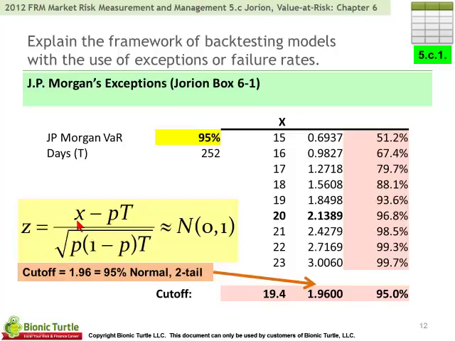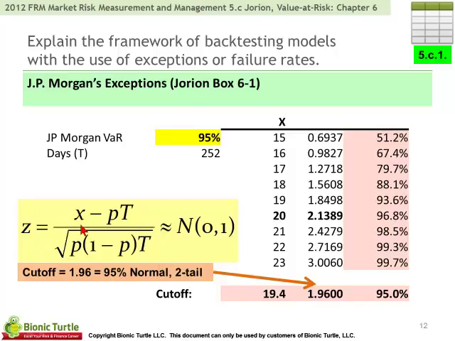We've got the observation x minus the mean value, so that distance between our observation and the mean, divided by the standard deviation of the binomial variable, p times 1 minus p times t. What's in that parens is the variance of the binomial with t trials. We take a square root of that to get the standard deviation.